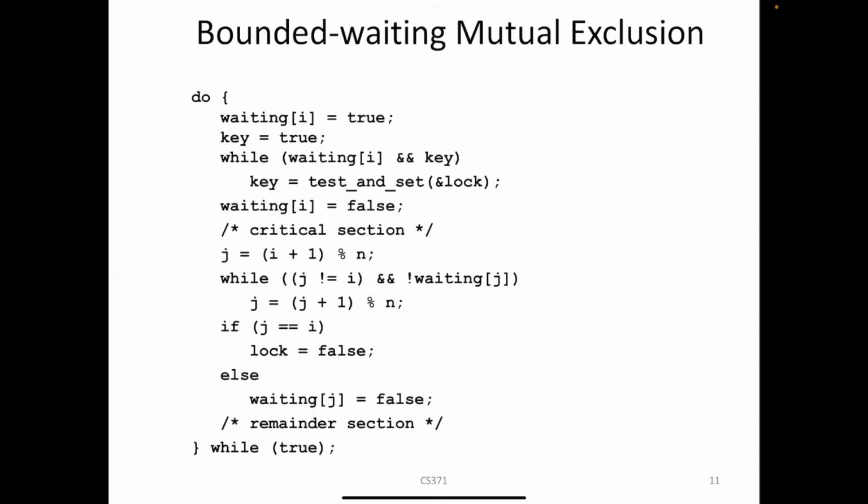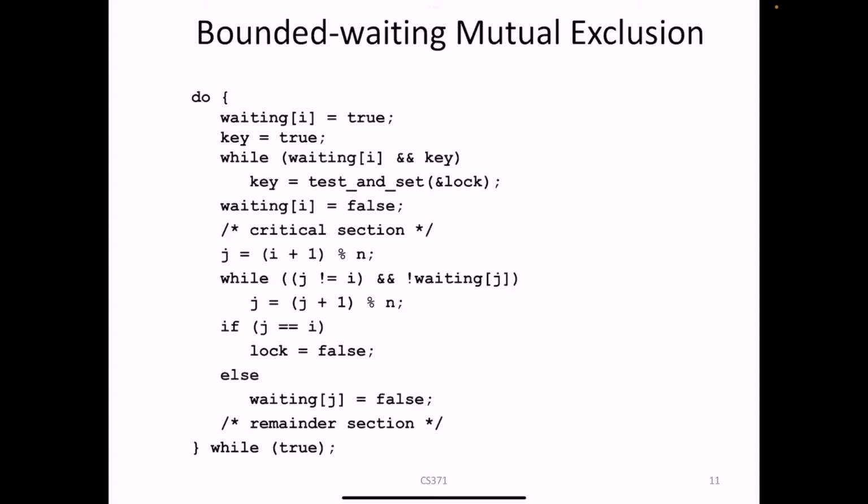The index i in process P0 is equal to 0, and the index i in process P1 is equal to 1. Also, lock is initialized with false. Both waiting[0] and waiting[1] are initialized as false as well.